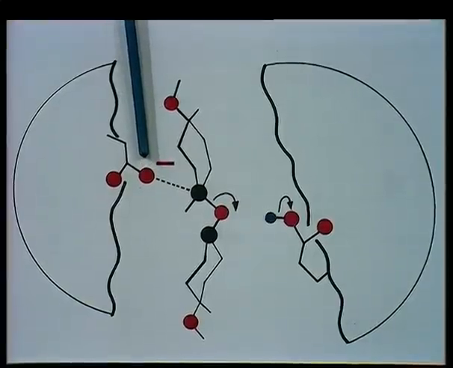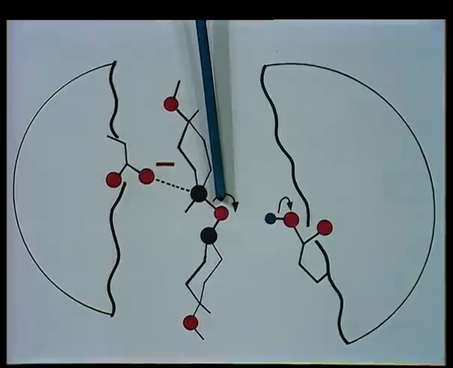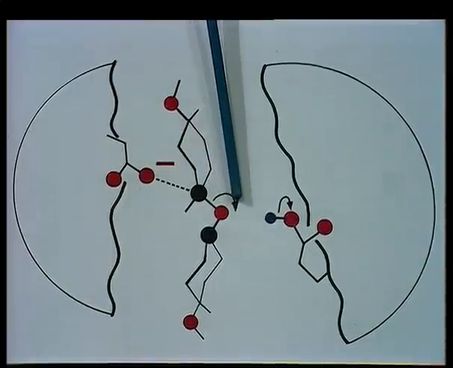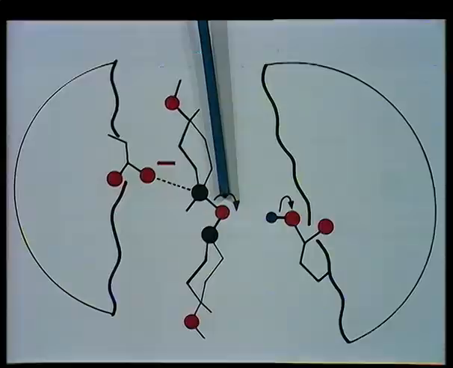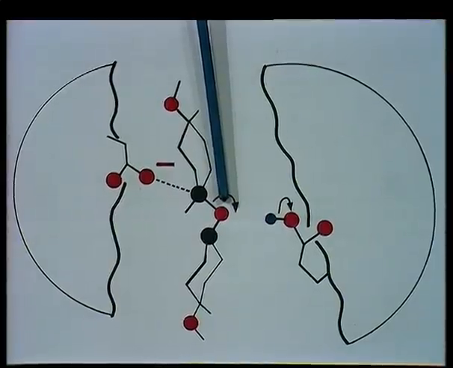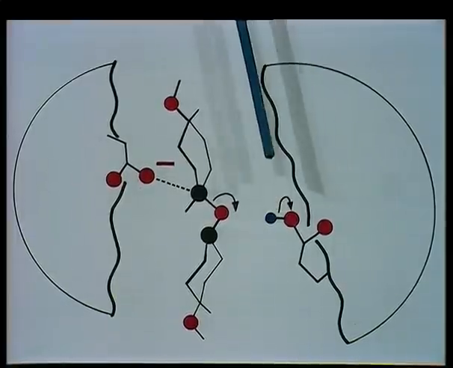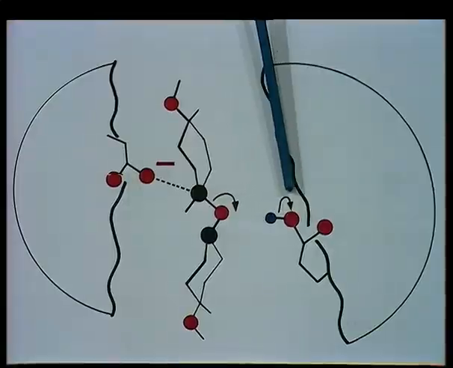And that will have the effect of beginning to weaken this chemical bond between the carbon and the oxygen, so these bonding electrons will be thinking of going away to do something else. This oxygen is developing a negative charge, so it's beginning to attract the proton that is over here. And it means that the bonding electrons holding that proton to this oxygen, they're thinking of going somewhere else. They're thinking of just leaving that oxygen negatively charged.